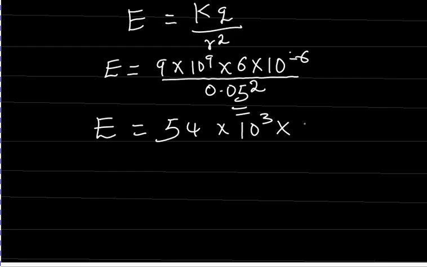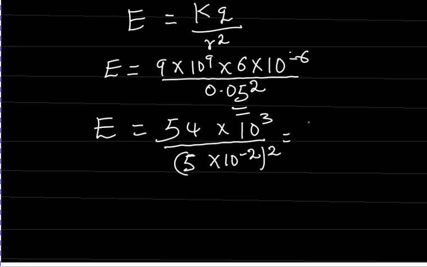This is the same as evaluating 0.05 squared, which is the same as evaluating 5 times 10 raised to the power minus 2, all squared. This is what it means.